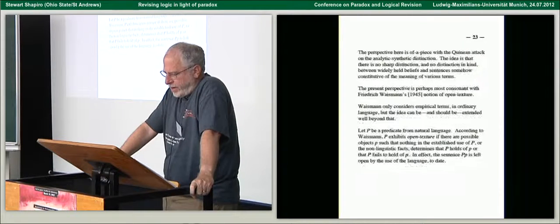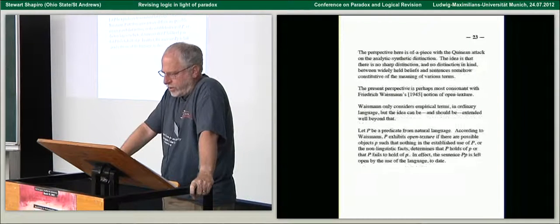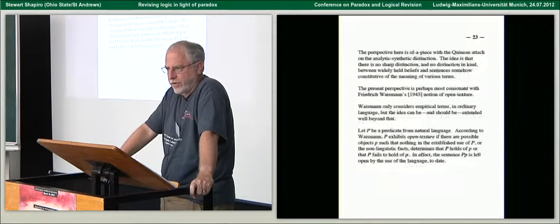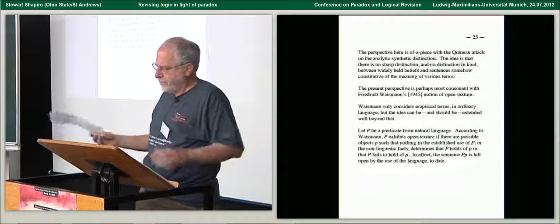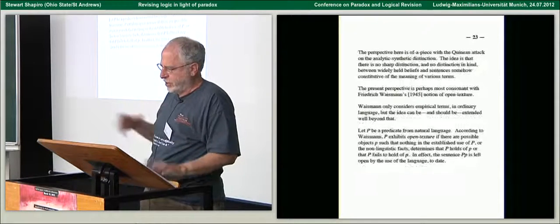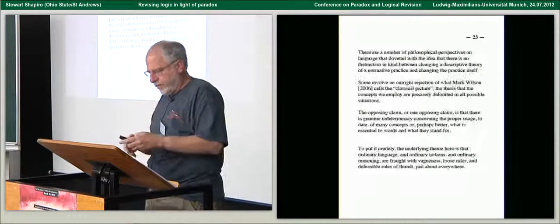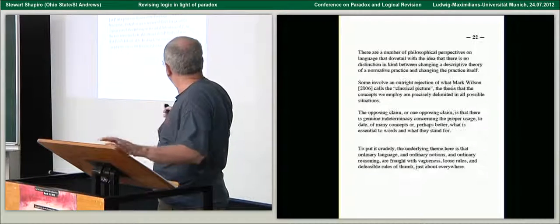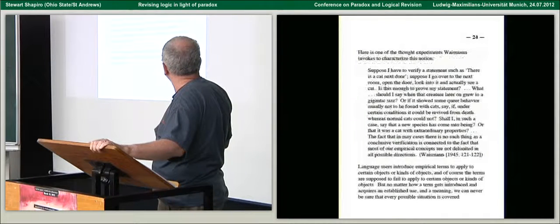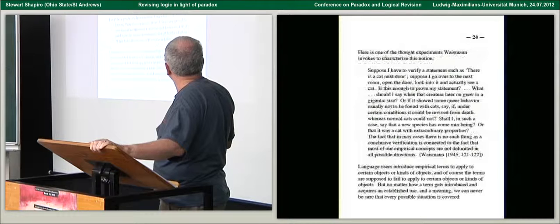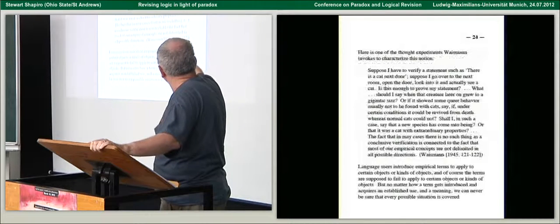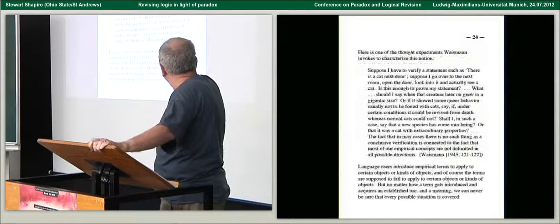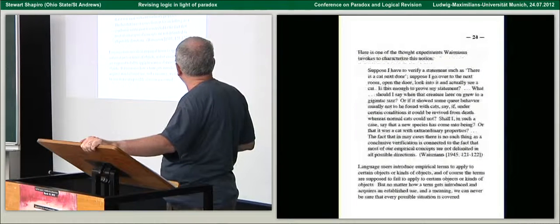But the idea is, no matter how a term gets introduced and acquires an established use and a meaning, we can never be sure that every possible situation is covered, one way or another. And the last observation in the quote is the key: the fact that in many cases there is no such thing as a conclusive verification.